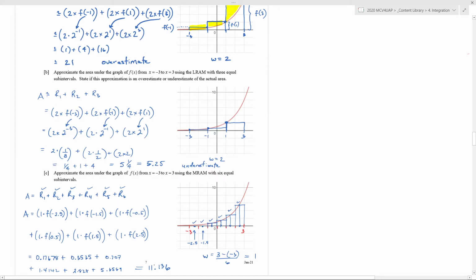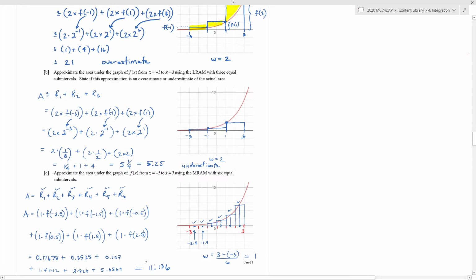However, in a short while, not today, but we're going to see how that area is related to the integral. So, any questions on how to approximate an area using an LRAM, an RRAM, or a midpoint rectangular approximation?